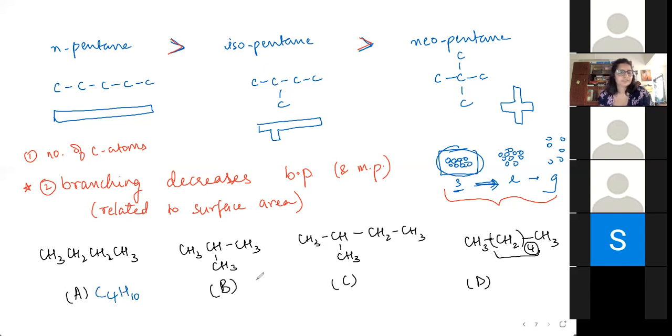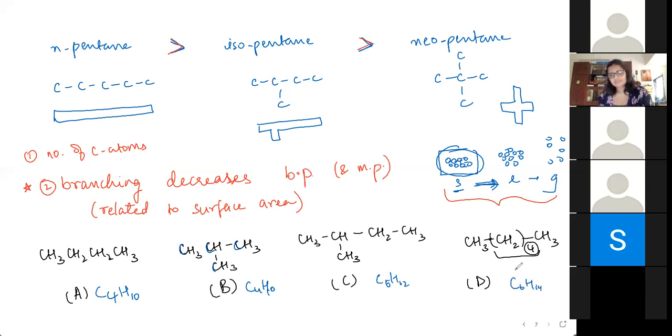What is compound B? 1, 2, oh no, wait. 3, 4. This is also C4H10. How many carbon atoms in C? 5. And D? 6.